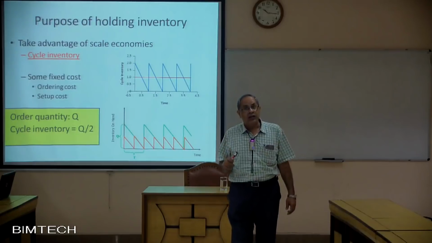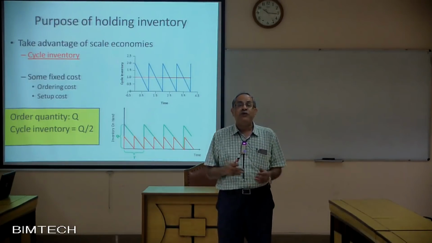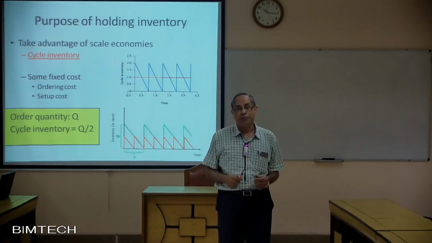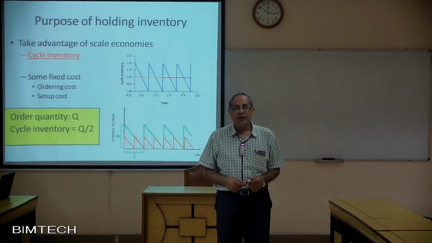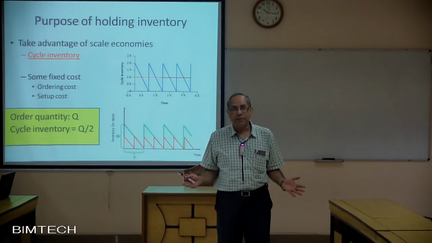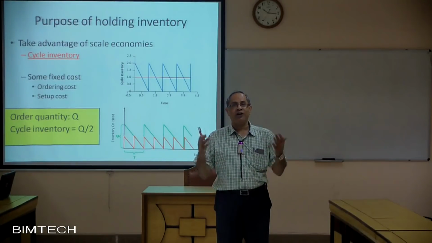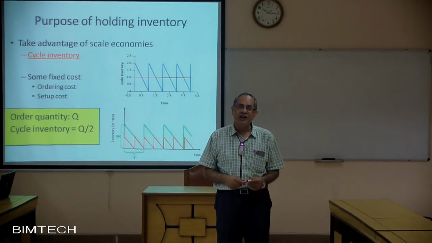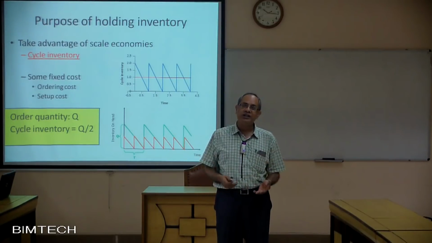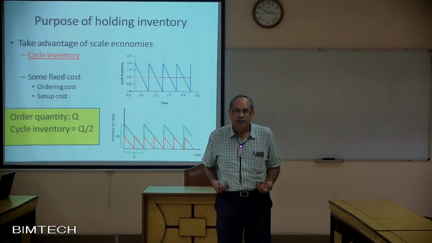But if I order less than Q, my frequency of ordering goes up. And the reason it goes up is because my demand is the same. Whether I order 1,000 units each time I order, or whether I order 500 units each time, or 100 units, is my choice, frankly.